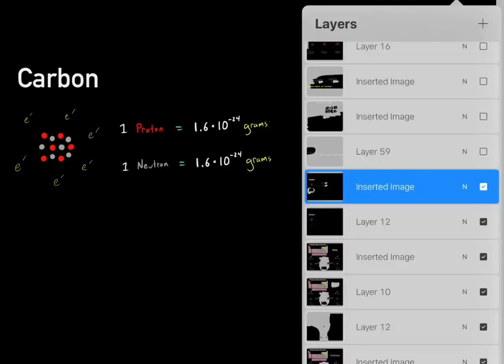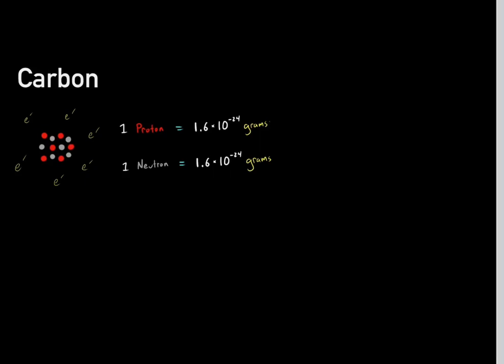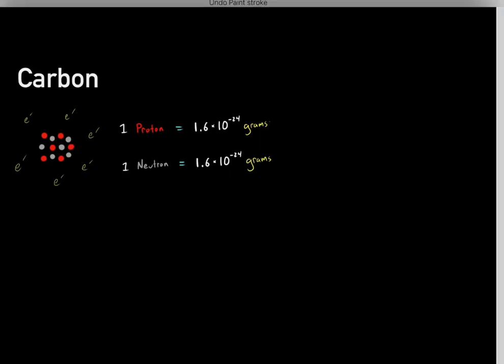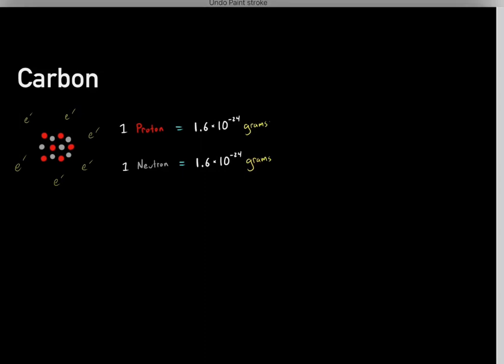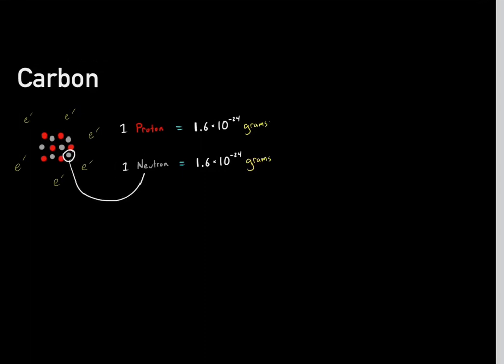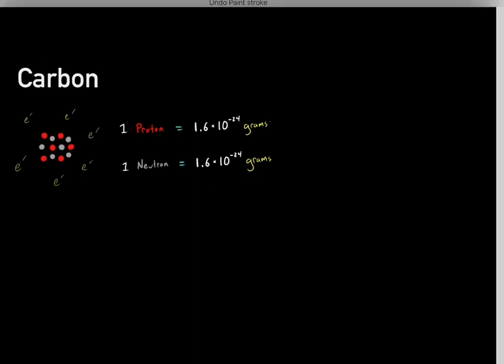But something important to know is that if we were to take 1 proton, it has a mass. If we were to look at 1 isolated proton, it has a mass of 1.6 times 10 to the -24 grams. And the same with a neutron. If we were to isolate 1 neutron, it would have a mass of 1.6 times 10 to the -24 grams.